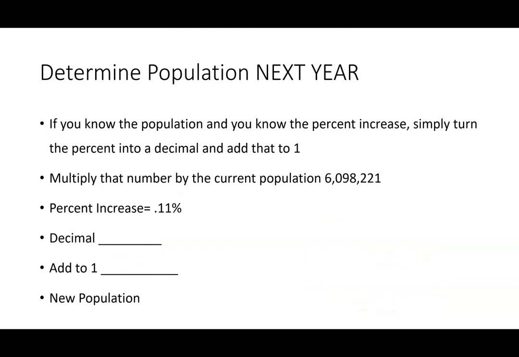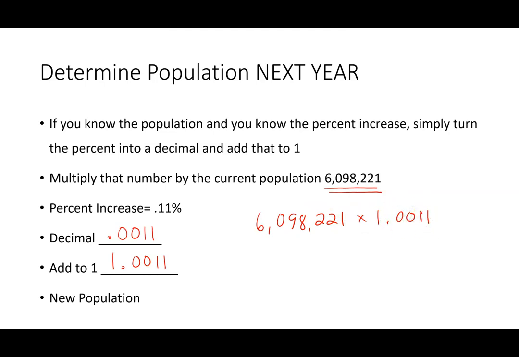All right. Now this time, the percentage increase is smaller. Starting out with 6 million and change people, let's do every single thing the same way we just did it. To go from a percent to a decimal, 0.0011, 1.0011. I take my population of 6,098,221 and I multiply it by 1.0011.